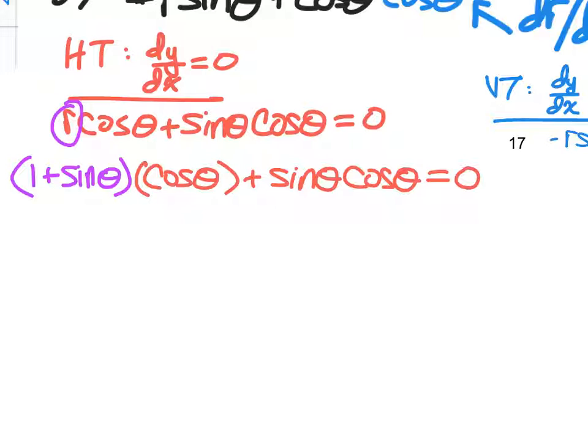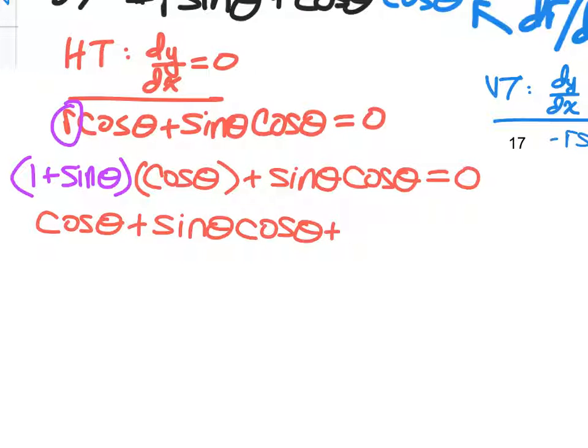Little distributive property. It's part of the fun. So we'd be looking at cosine theta plus sine theta cosine theta plus another sine theta cosine theta.